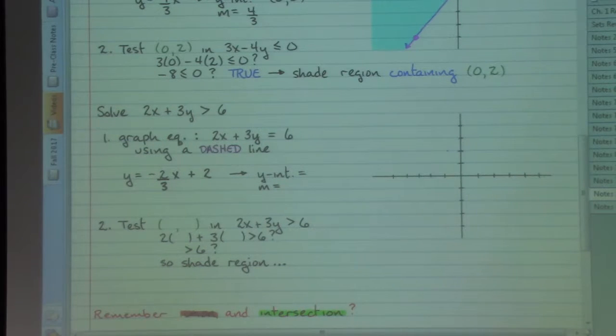That means that as far as starting things out with our drawing, we would start by putting our y-intercept in there, and then we would use our slope to find other points.